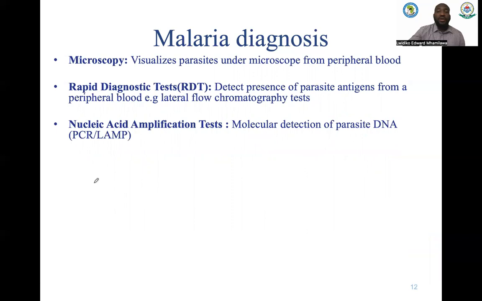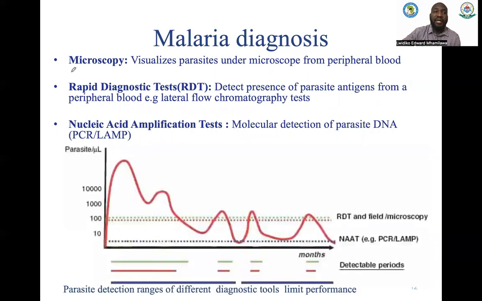Still on the diagnosis, now we're going to break down a little bit the three major tools that we can use for malaria diagnosis: microscopy, rapid diagnostic test, and nucleic acid amplification test. In microscopy, you visualize the test under a microscope from the peripheral blood, and then you detect whether or not the parasites are there.